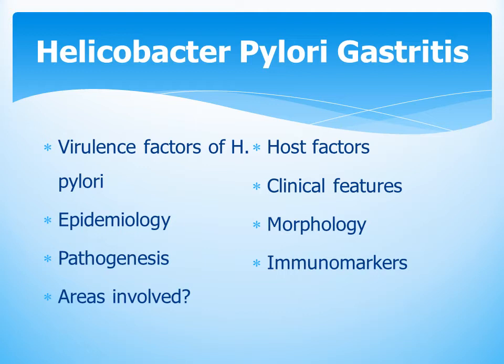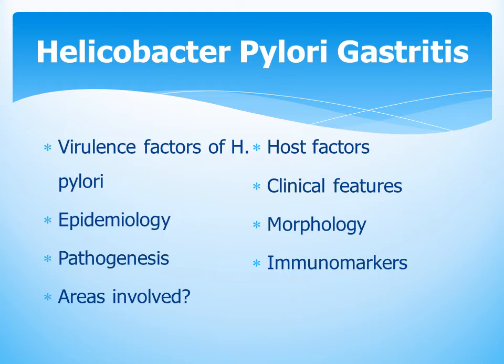When we talk about the pathogenesis, we have to mention the various virulence factors of H. pylori that mainly help this organism in invading the gastric mucosa. So there are four important virulence factors, starting off with the flagella, which helps in the motility of the bacteria.